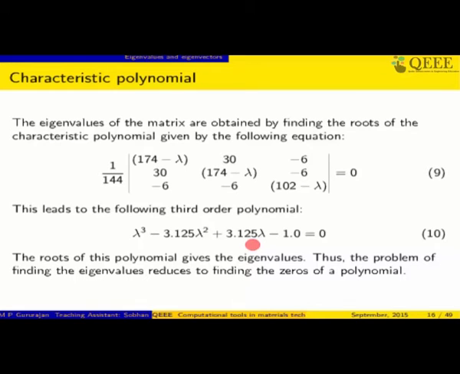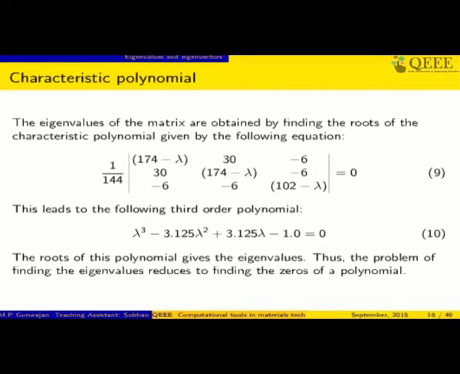You can just look at where it cuts 0, and then you can get the eigenvalues fairly easily. But we don't have the luxury of plotting it, and all we need to do is some algebra to get the eigenvalues.